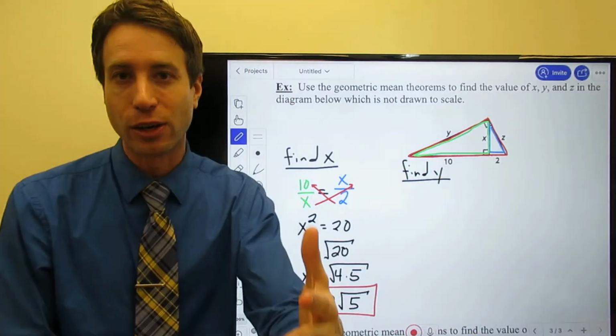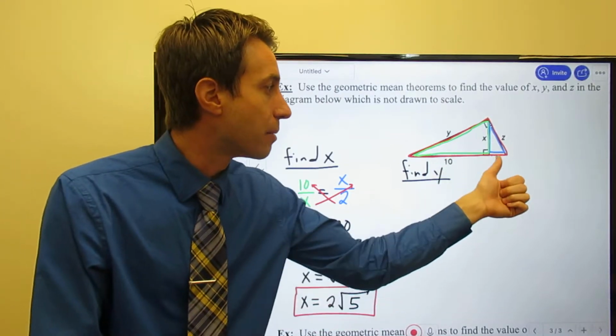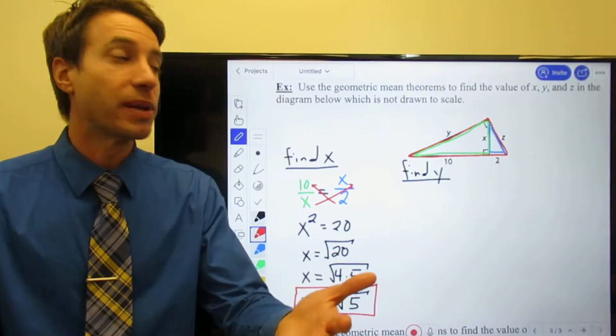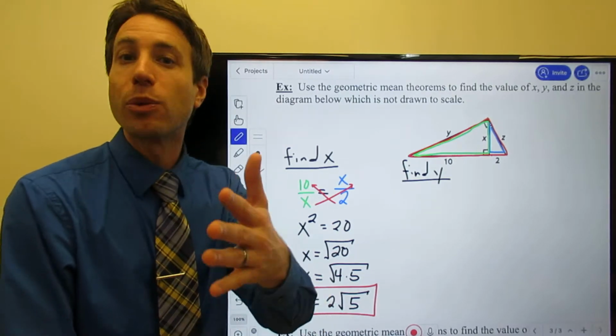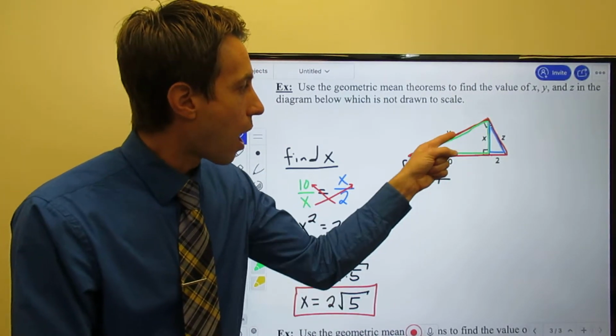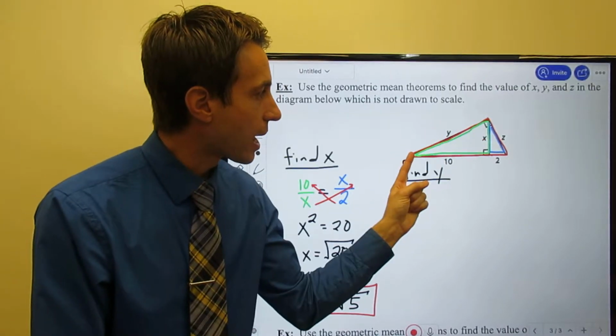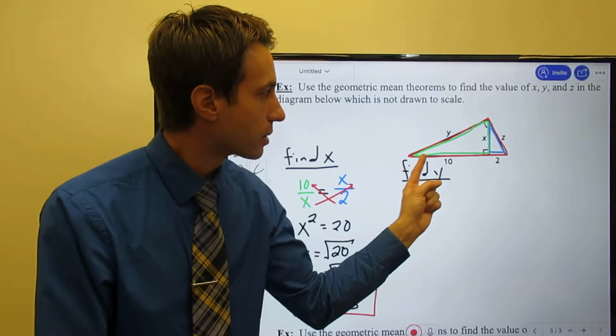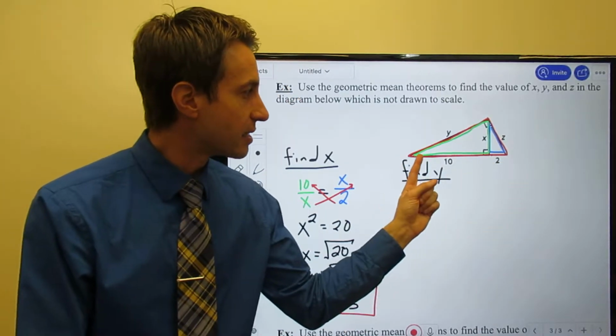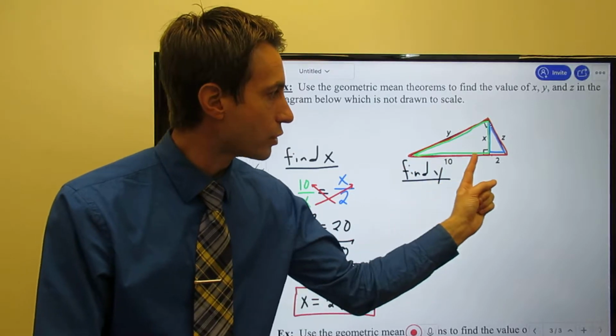For the red triangle, I got to add them together. 10 plus 2 is going to be 12. All right, so first let's start with the red triangle. Is y the longer or shorter side compared to this guy over here? And of course, this is the hypotenuse for the red triangle.